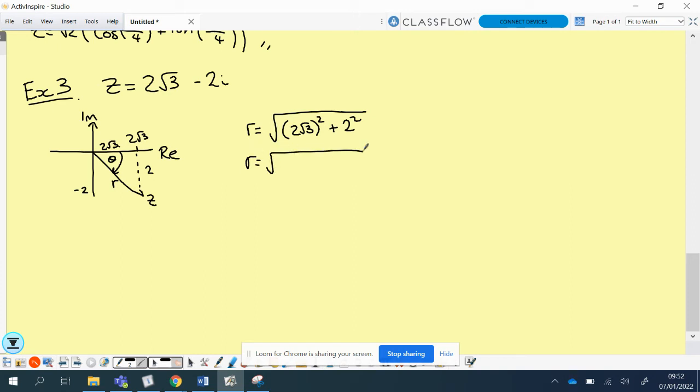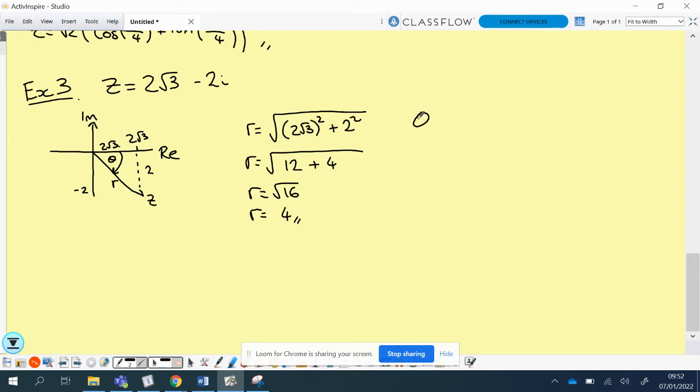If you square 2 you get 4, if you square root 3 you get 3, 4 times 3 is 12. 2 squared is 4. That becomes root 16. Again, we'll take the positive one only. r has a length of 4, so the modulus is 4.